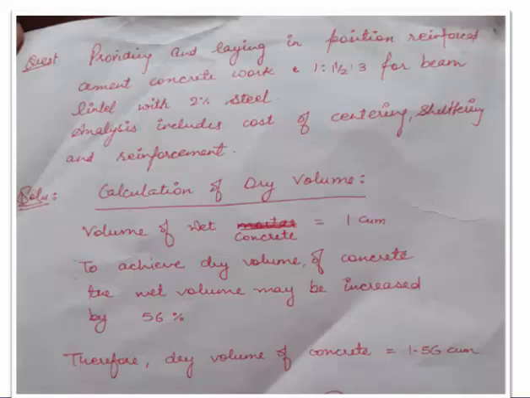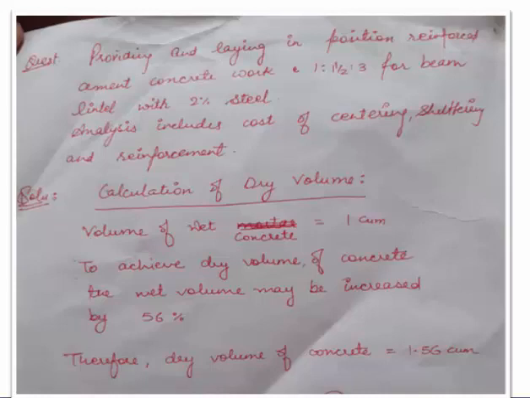But when we look into the DAR 2001 or before the year 2001, the analysis of rates which we obtain through those government organizations includes the clubbed item, that is which I have mentioned in the question: providing and laying in position reinforced cement concrete 1:1.5:3 for beam lintel with 2% steel.